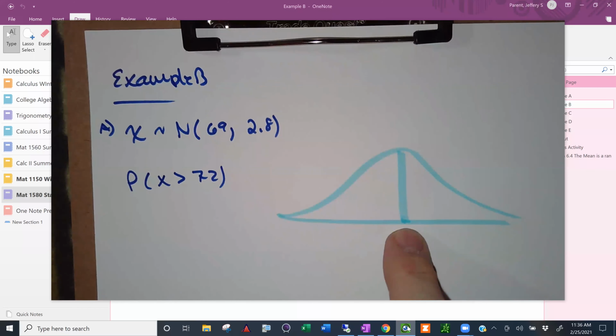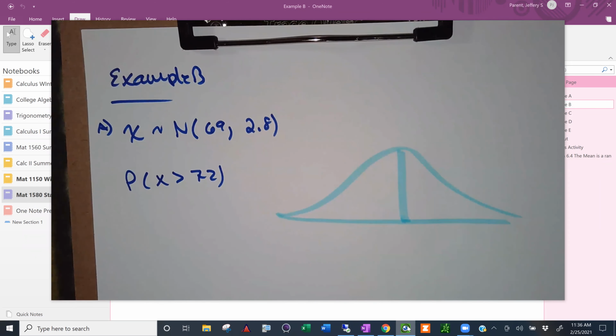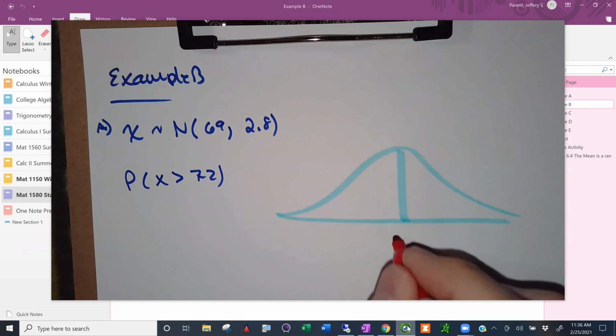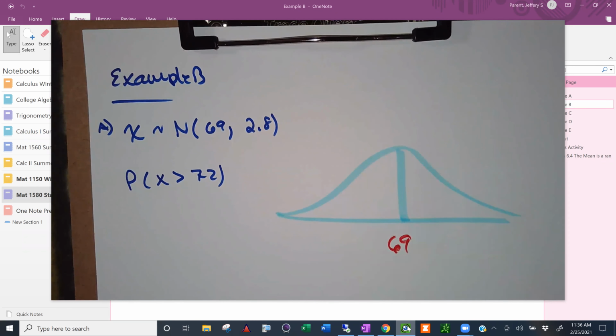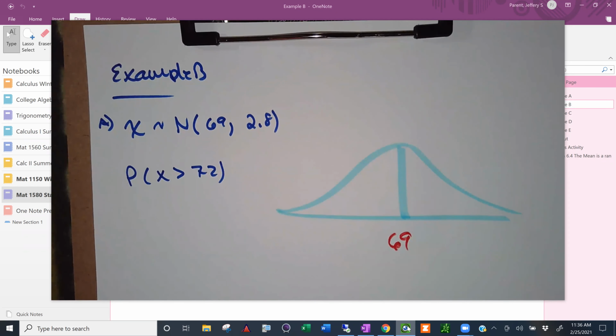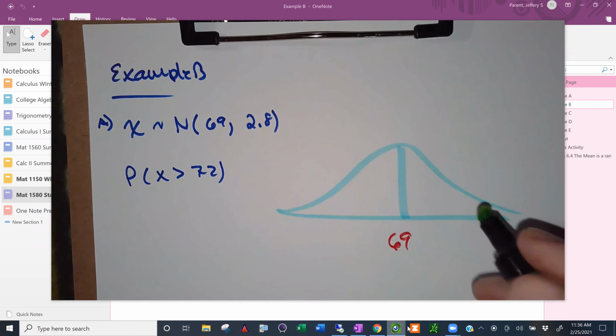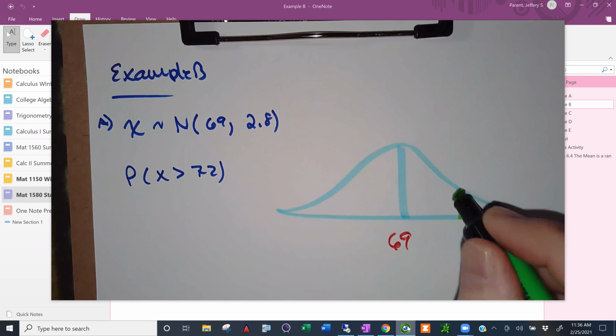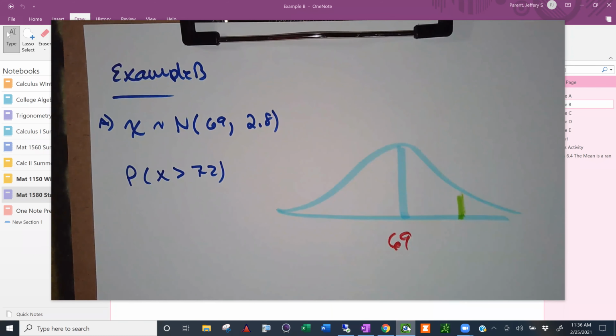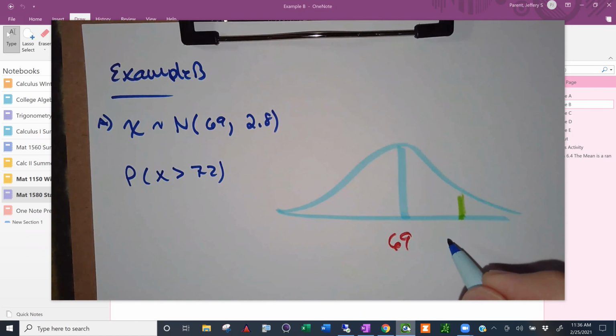What should I label that center line with? 69. Yes, 69. Perfect. Now I want the probability that X is greater than 72. So that's going to be out here. That's more than one standard deviation above the mean. So it's going to be out here, 69 or 72.